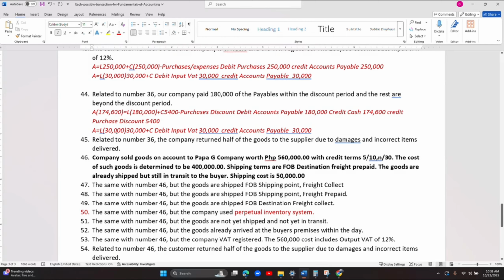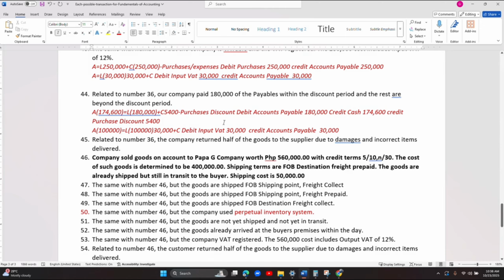You reduce your liability by 100,000, and you reduce your cash also by 100,000. There will be no discounts because you paid after the discount period.